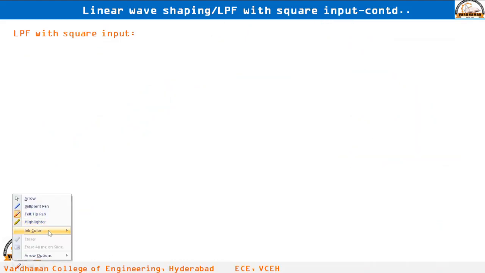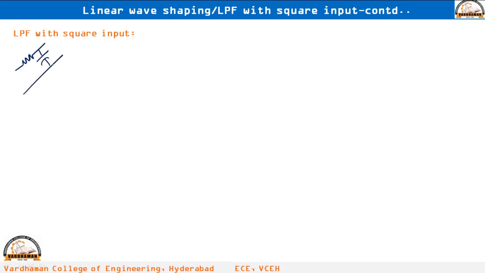we will go to this particular derivation. So, when you take low pass filter, capacitor, resistor, here square input we are providing, and here as per the time constant we can get different outputs.